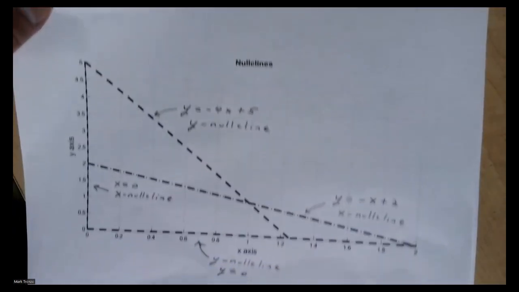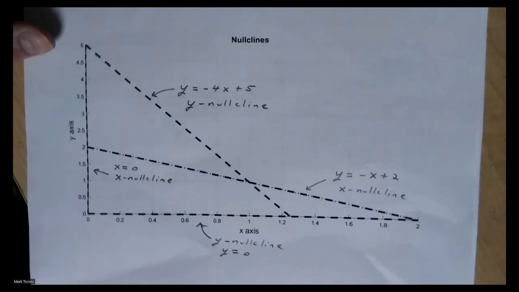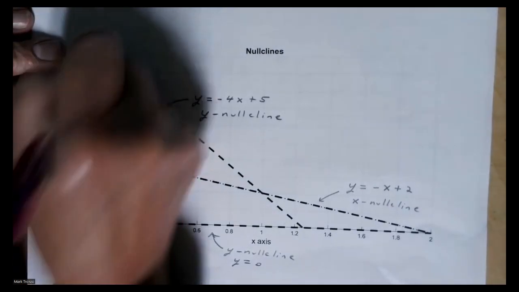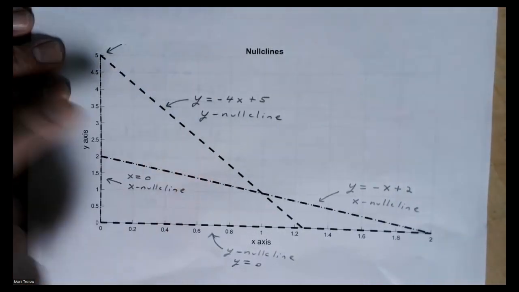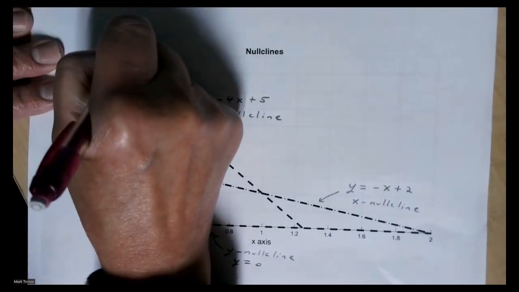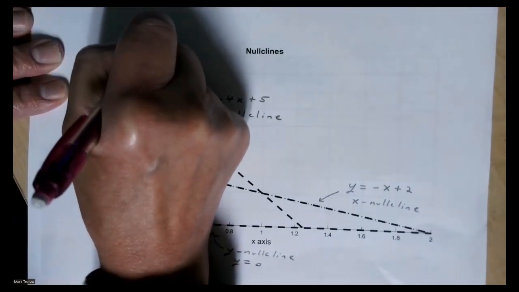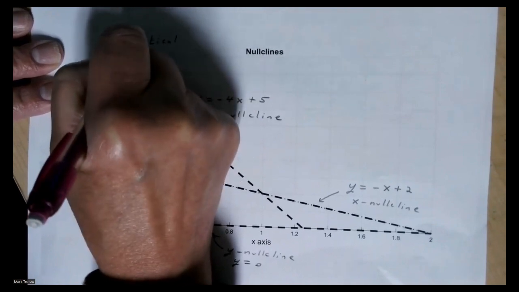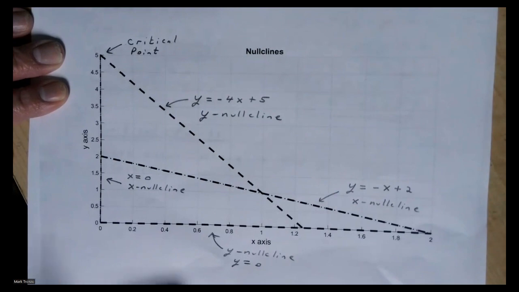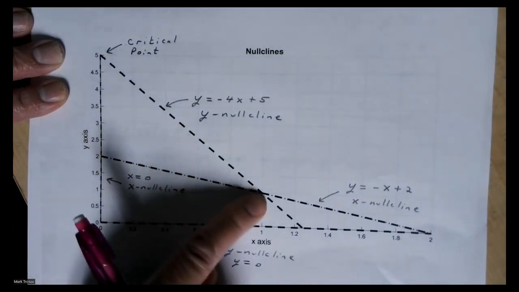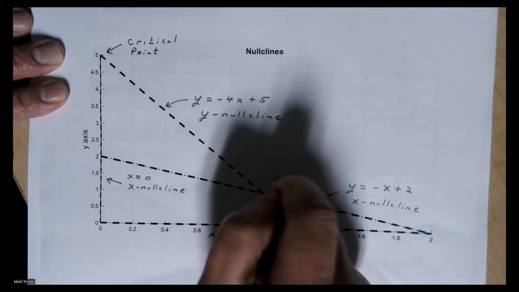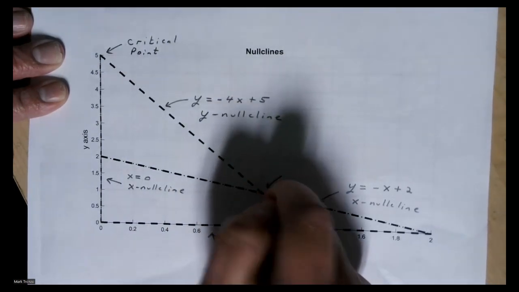So for example, this point up here, where the y nullcline and the x nullcline intersect, is a critical point. And let's check some others over here, where this y nullcline and this x nullcline intersect. That's a critical point.